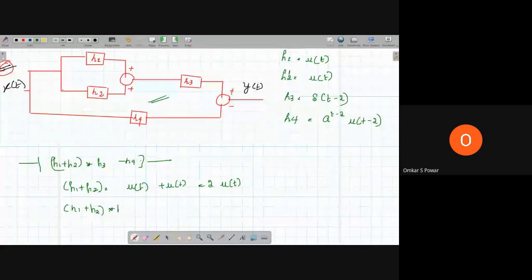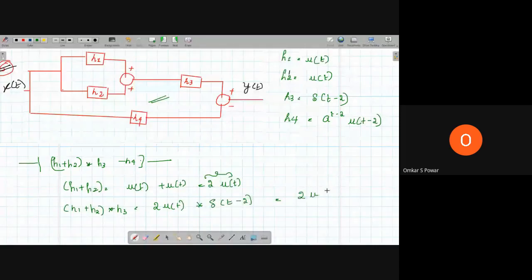We have got H1 plus H2 as 2u(t). You convolve with H3, which is δ(t-2). So what do you get? 2u(t-2). Now what we have to do? Finally, whatever you get, minus H4.